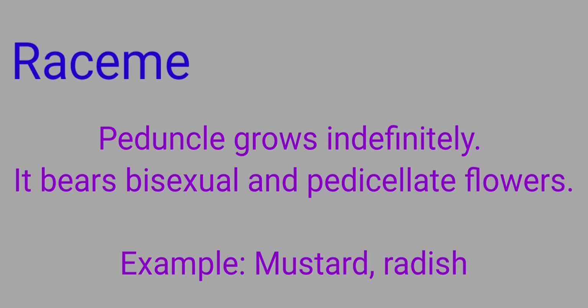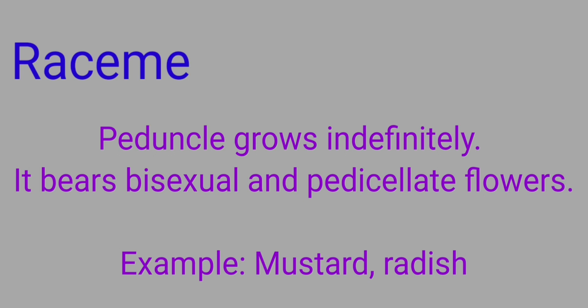That means the flowers contain a stalk-like structure which helps to attach the flowers to the main axis of the inflorescence, that is the peduncle. Here the flowers are arranged in acropetal succession, that is the older flowers are placed at the bottom of the inflorescence and the younger flowers are placed at the apex region of the inflorescence.